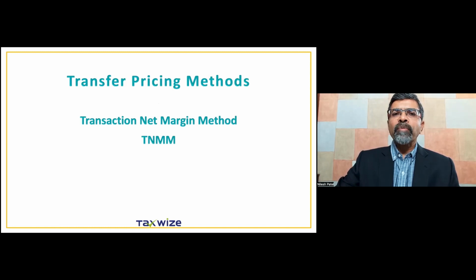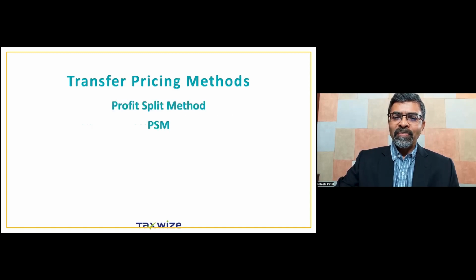Say net operating profit over sales, net operating profit over costs, net operating profit over assets, etc. So where we don't have data of price to apply CUP or gross margin or gross markup to apply RPM or CPM, we can apply transactional net margin method because in most cases, the data of net profit earned by uncontrolled comparable enterprises is available in transfer pricing databases.